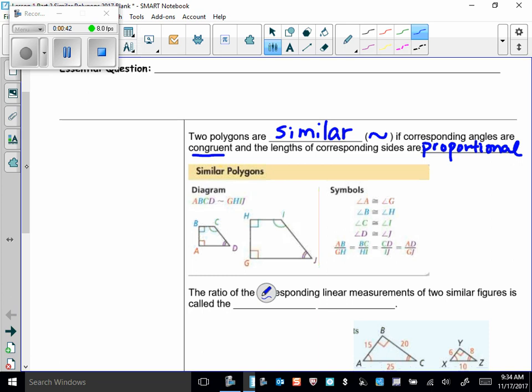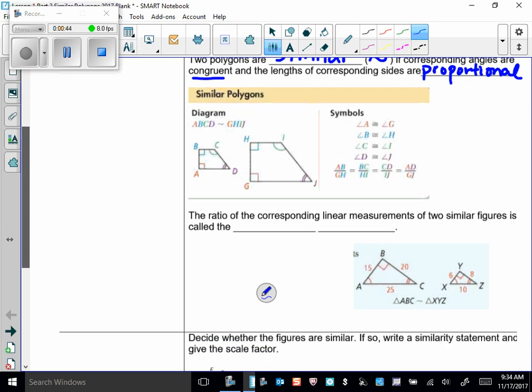All right, and I copied this little piece out of the book so that you can see if this quadrilateral ABCD is similar to quadrilateral GHIJ, then I know by the definition that all the corresponding angles have to be congruent and all the corresponding sides have to be proportional.